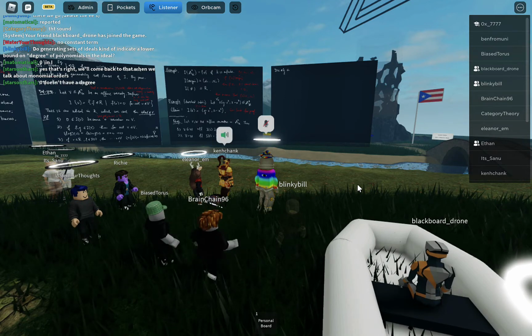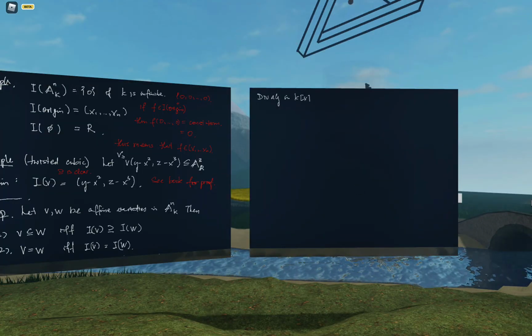Division algorithm in k[x]. So the division algorithm is much like the division algorithm for integers.